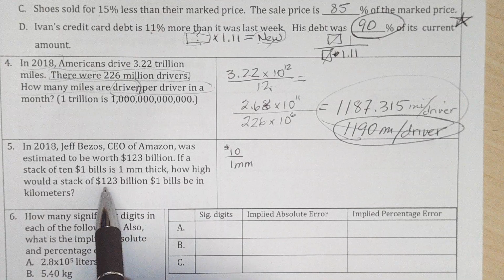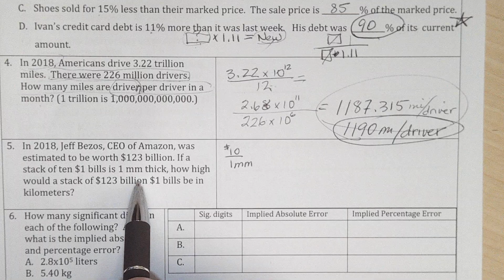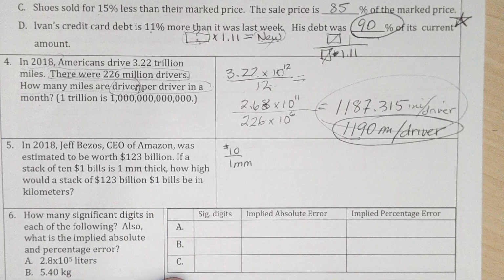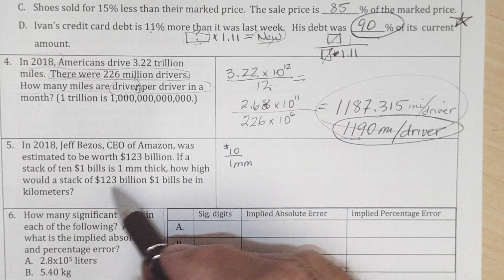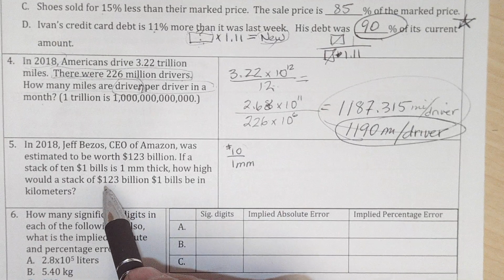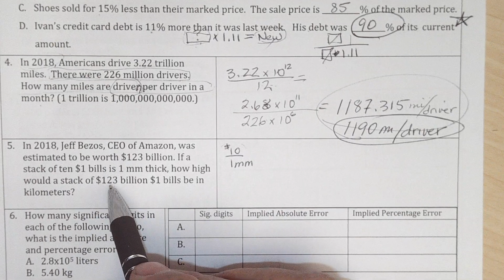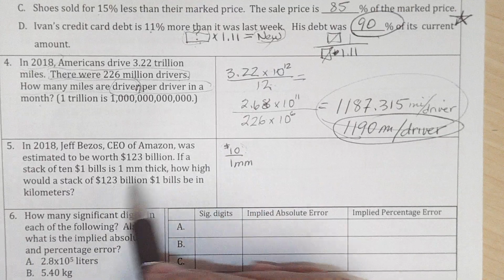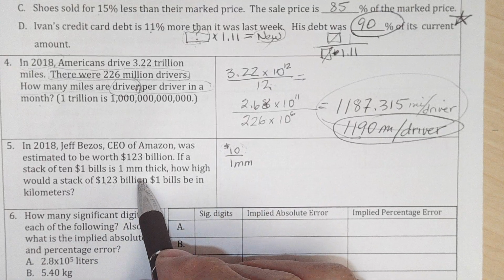And I want to know how high the stack would be for 123 billion $1 bills. Okay? So I got to take $10 and make it into 123. So how many $10 are there in 123 billion?